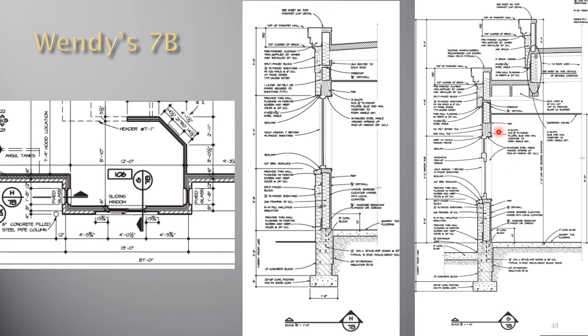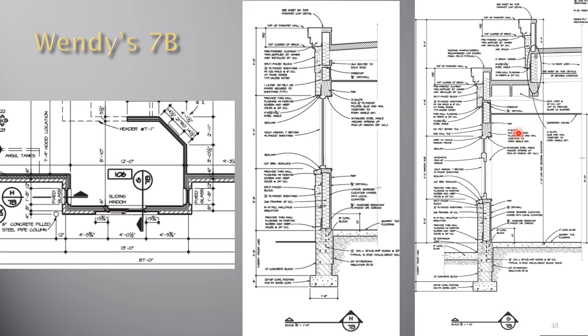Here are 2x10s with 2 half-inch plywood fillers, which were often used to make up the difference from the width of dimensional lumber to the thickness.